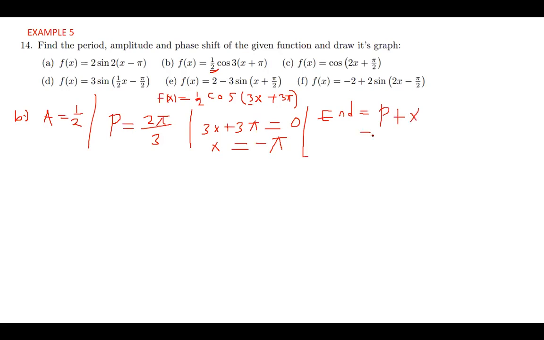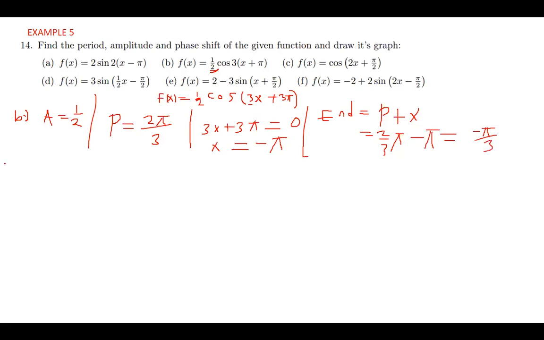So in this case, we're going to have 2 over 3 pi, and then the value of x is negative pi. So when you add that, you find your endpoint is going to be negative pi over 3.